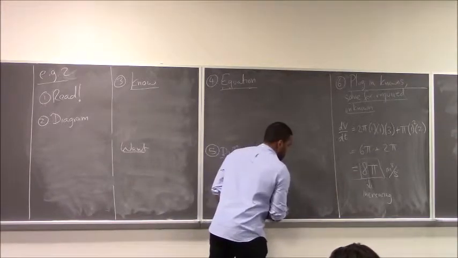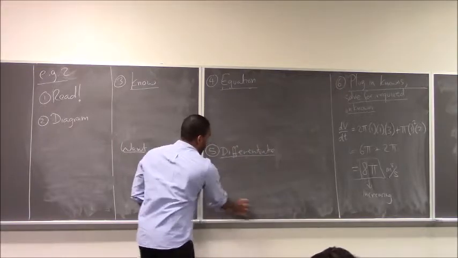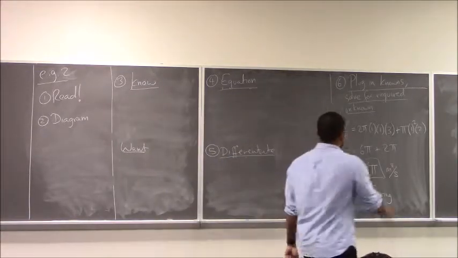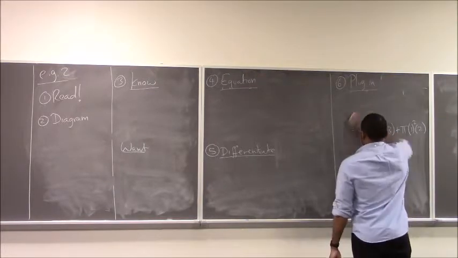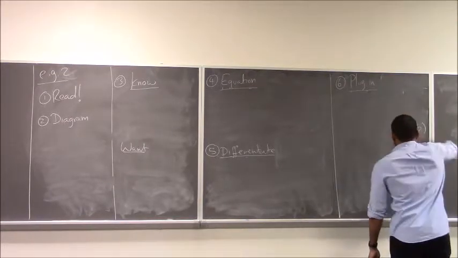Just write shorthands for these. They're really just memory pegs for you to realize what you're doing first, second, third. And that's kind of how you should read the handout that I gave you.